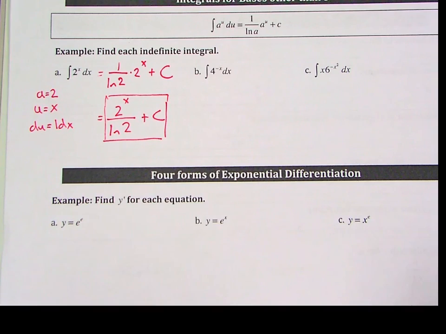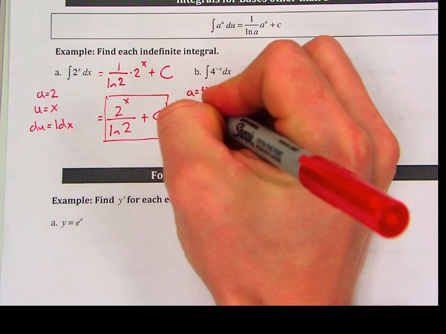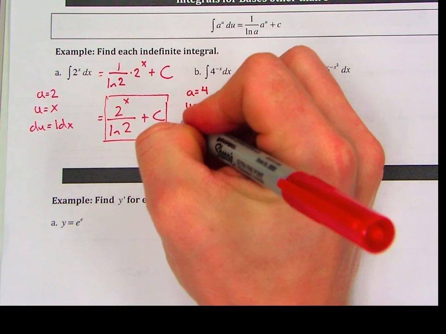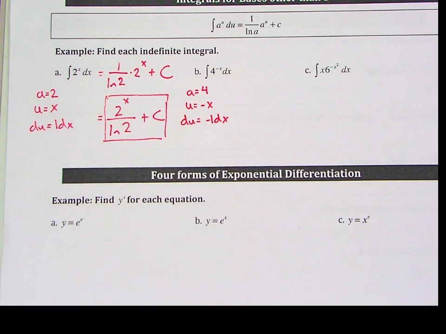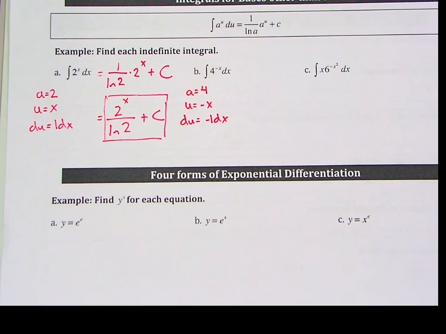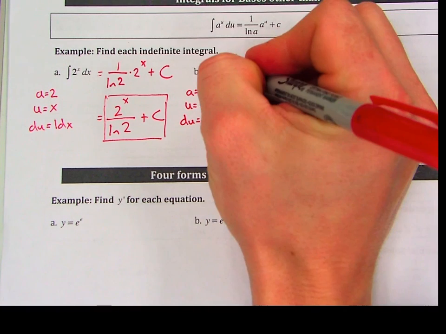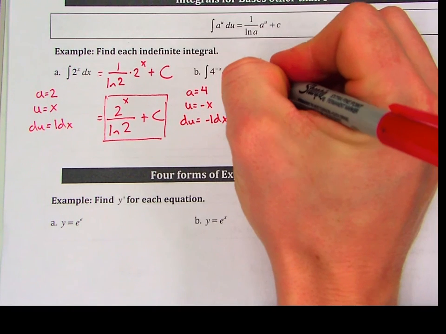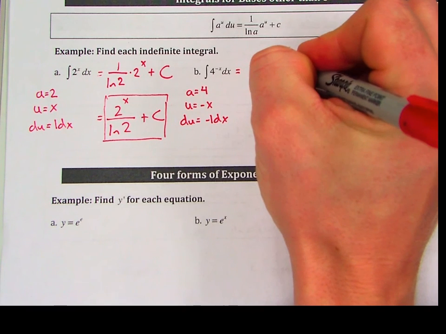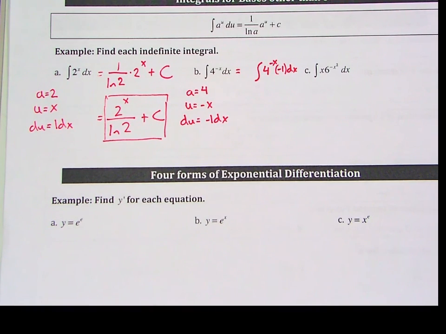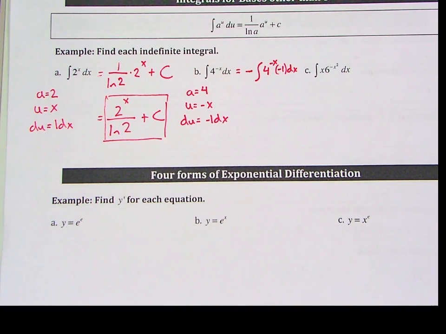Okay, for letter B here, our base is 4, our u is negative x, and du is negative 1 dx. So I don't see negative 1 dx here, so we have to add that in. And if we put that factor on the inside, we're going to put it on the outside as well.